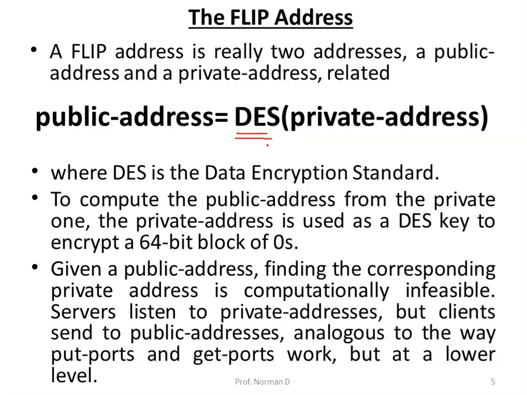To compute the public address from the private one, the private address is used as a DES key to encrypt the 64-bit block of zeros. So given a public address, finding the corresponding private address is computationally infeasible. Servers will listen to private addresses, but clients send to public addresses, analogous to the way put ports and get ports work, but at a lower level.